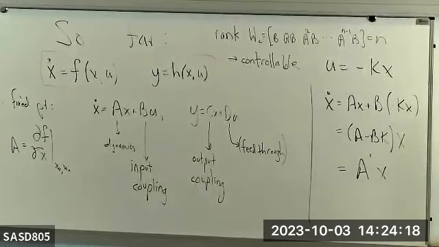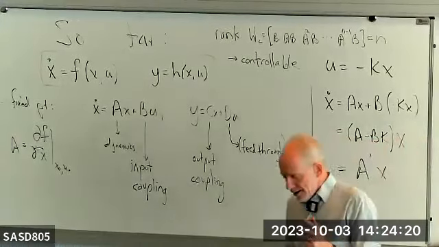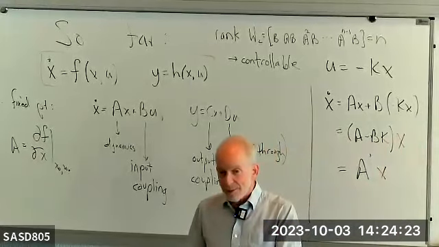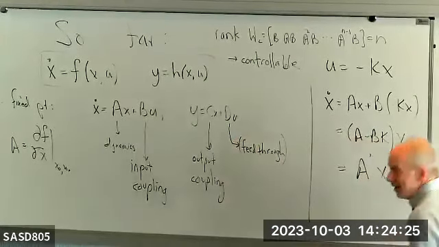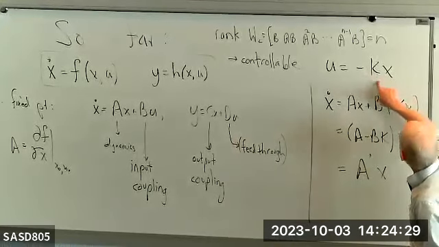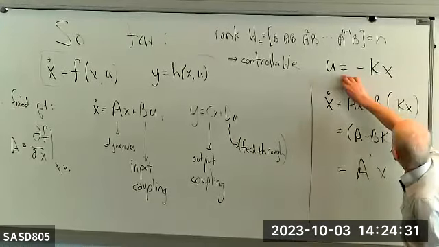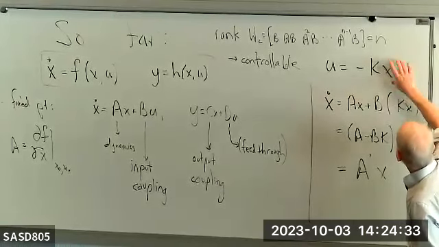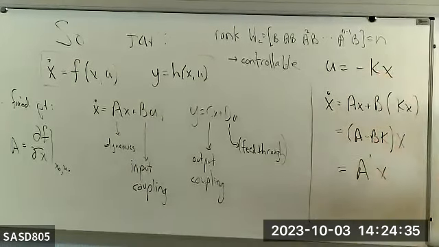Okay, so if the system is controllable, then as I mentioned, and the proof's in the notes, if you put a feedback like this, you make the input proportional to the system state deviation from where you want to be.